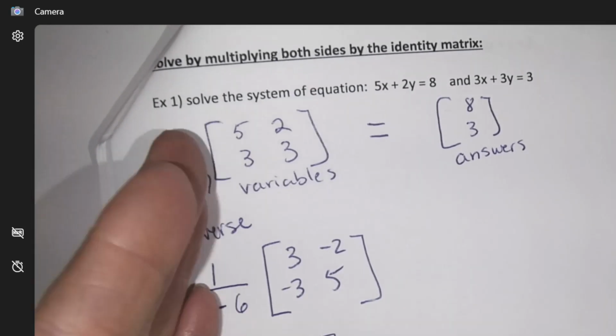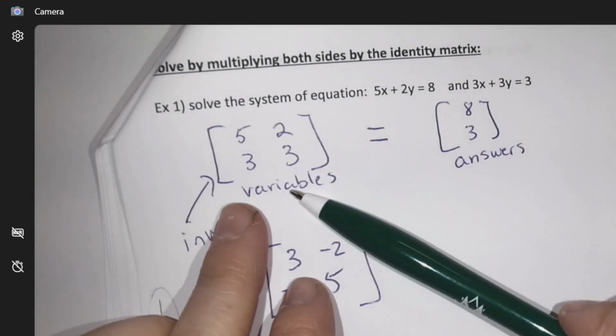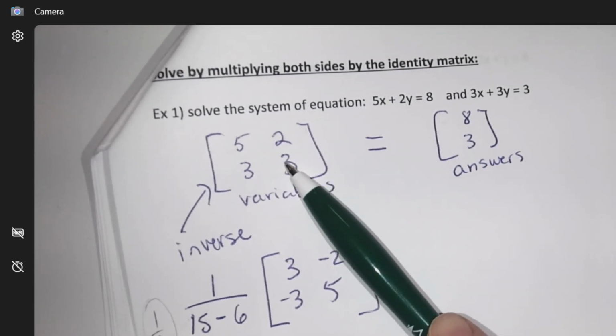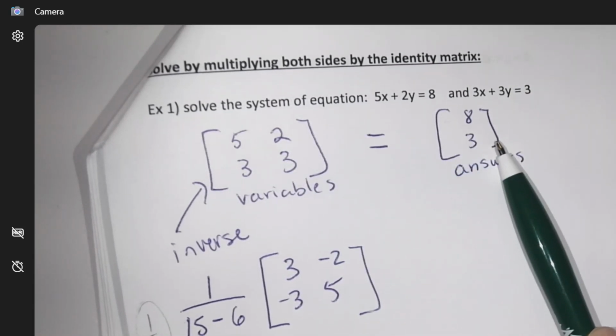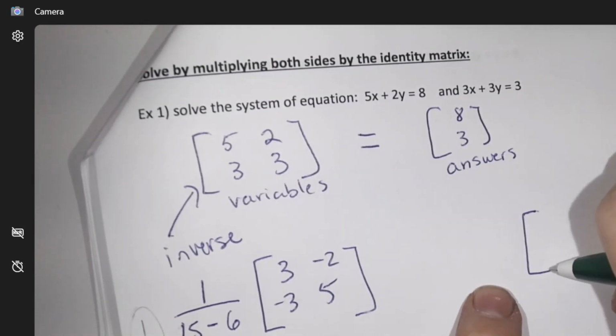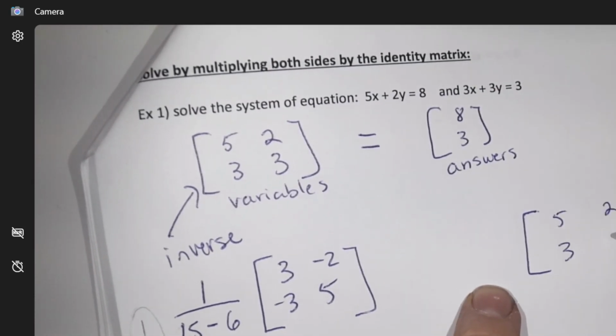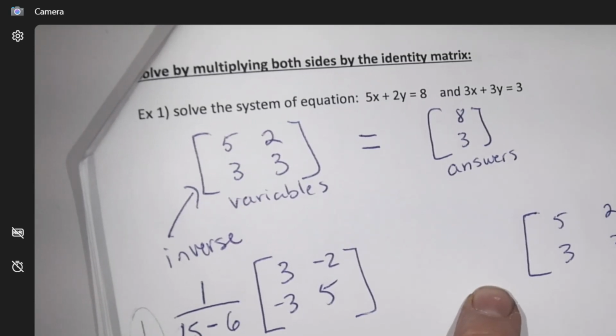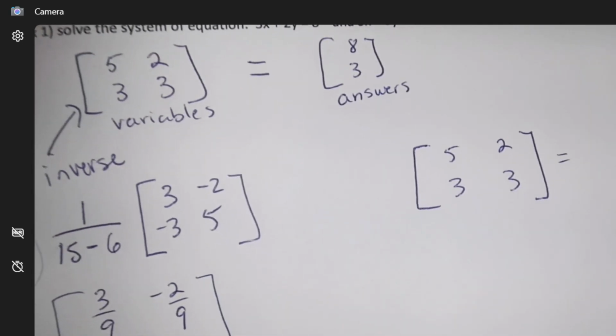Okay, so here's what I'm going to do. I'm going to take my original. So I had this for the variables equals this for the answers. I'm going to leave a little space there because I have to do something.